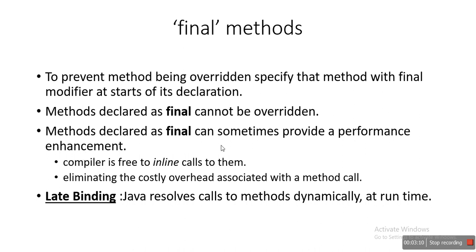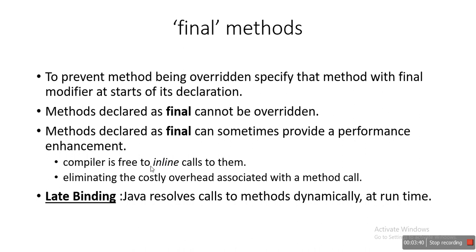Just remember, for knowledge purposes, inline functions are just like macros. When we call that particular inline method, the code is replaced. Instead of transferring control to that method, the code itself is replaced wherever we call that method. That is what we call inline methods.